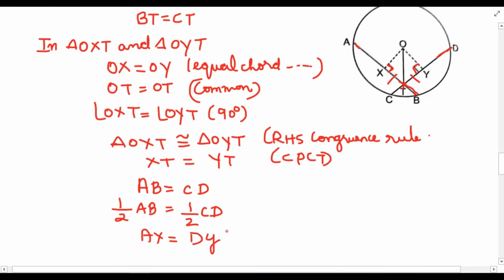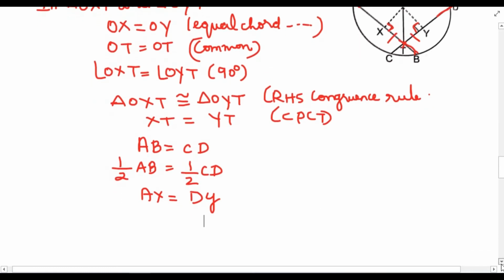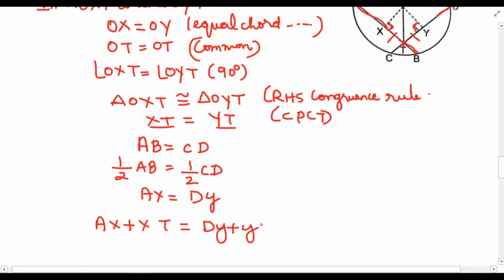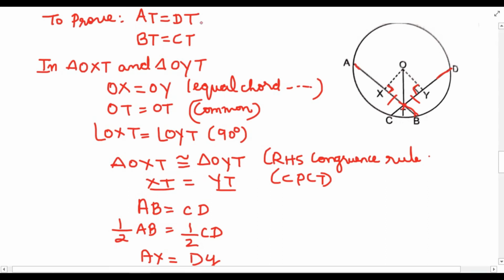To XT I am going to add AX, and to YT I am going to add DY. Since AX and DY are equal, and we just got XT and YT equal, AX plus XT equal to DY plus YT is nothing but AT equal to DT. So this is the first thing we needed to prove.